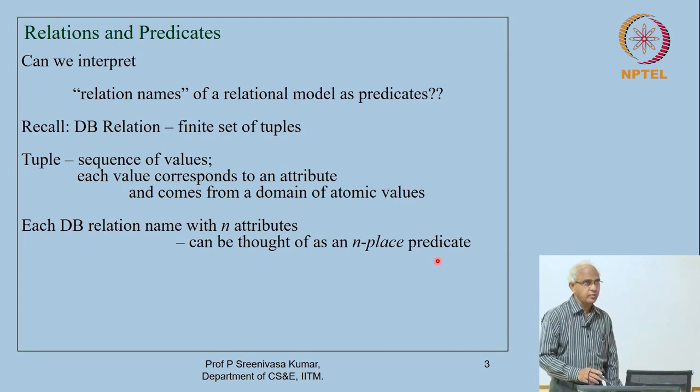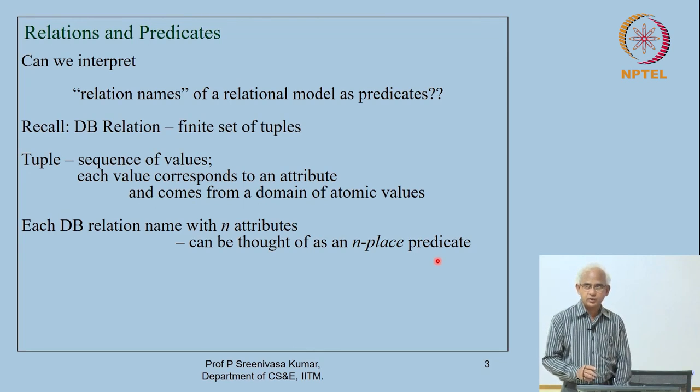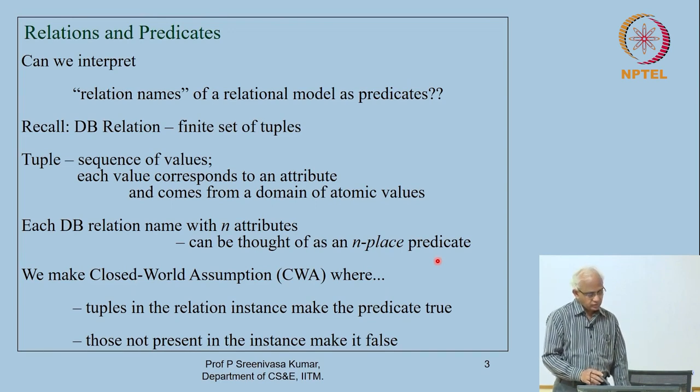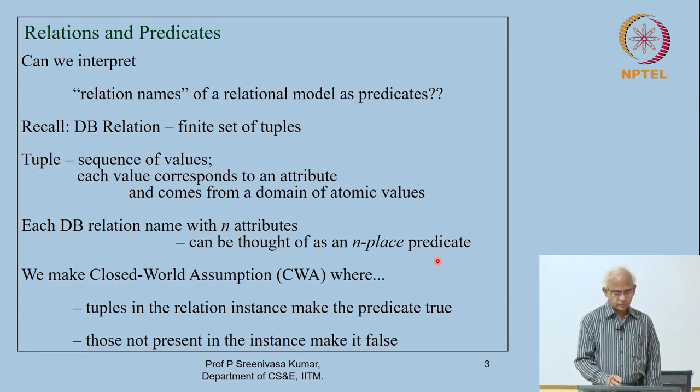So here we make one very interesting and important assumption while interpreting DB relations like this. This is called CWA, closed world assumption. In this closed world assumption, we imagine that if we have a database, then we will have a finite instance for it, right.